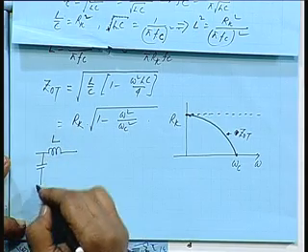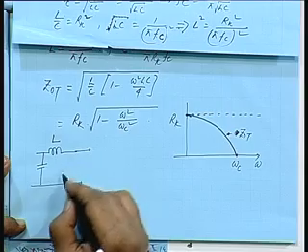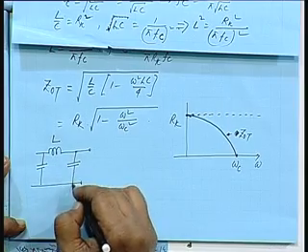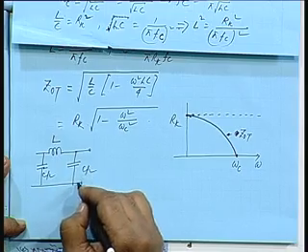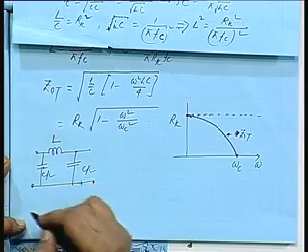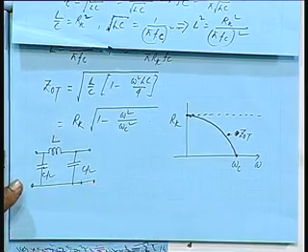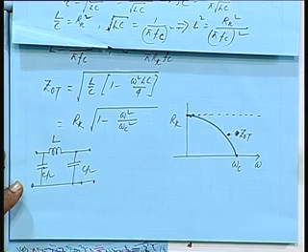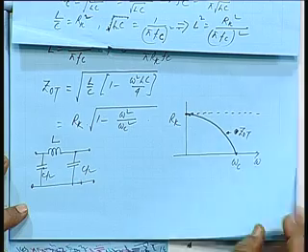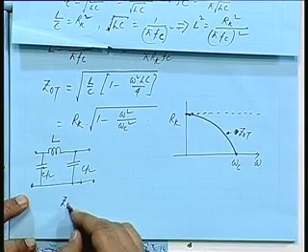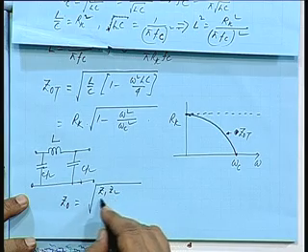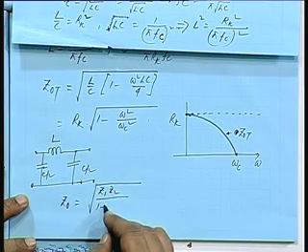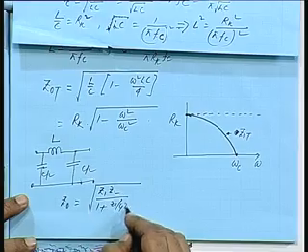One may derive similarly for a pi network, the situation is like this. You have C by 2, C by 2. Okay. So, for a pi network, what will be the value of Z naught? Z naught, you know, is root over of Z 1 Z 2 divided by 1 plus Z 1 by 4 Z 2.